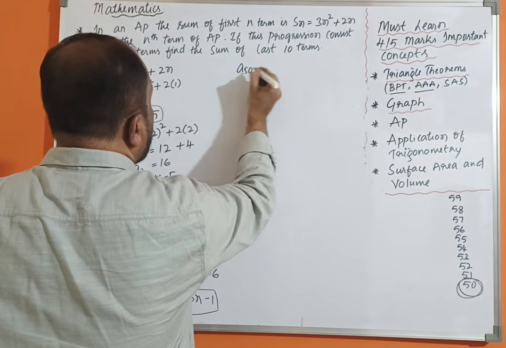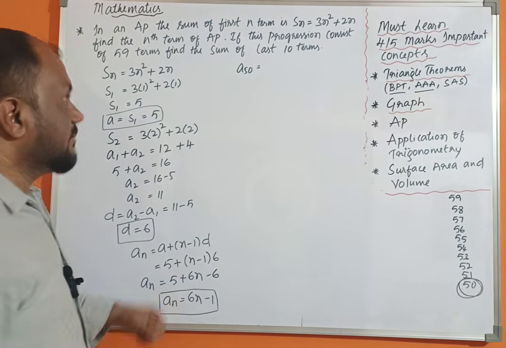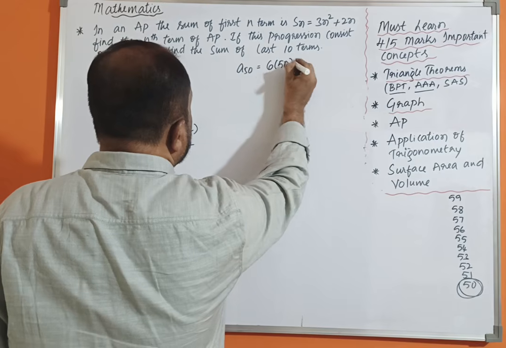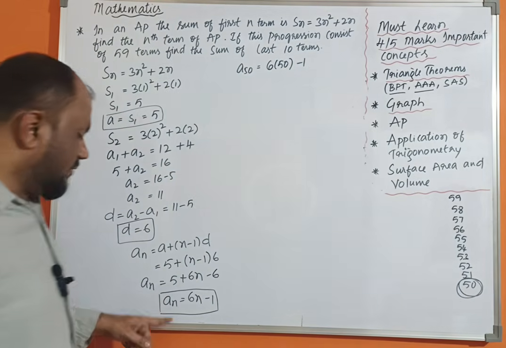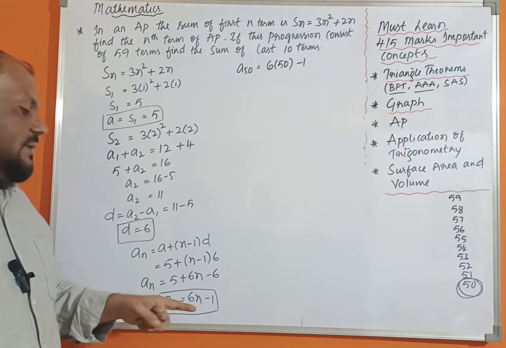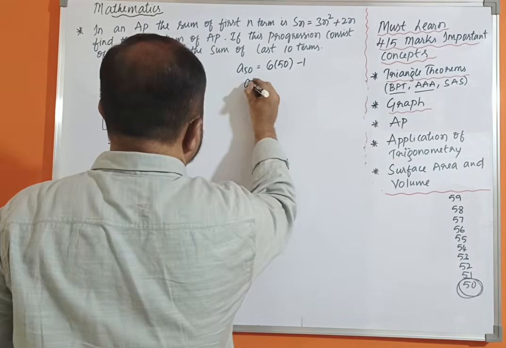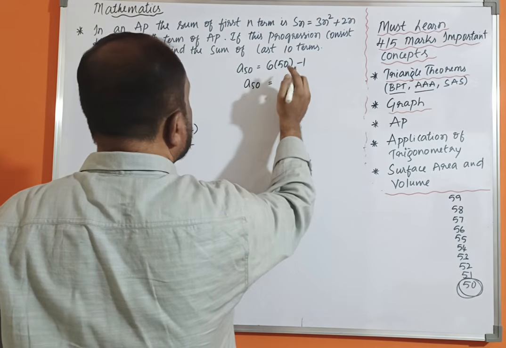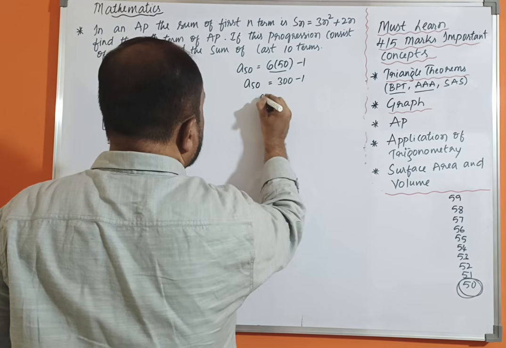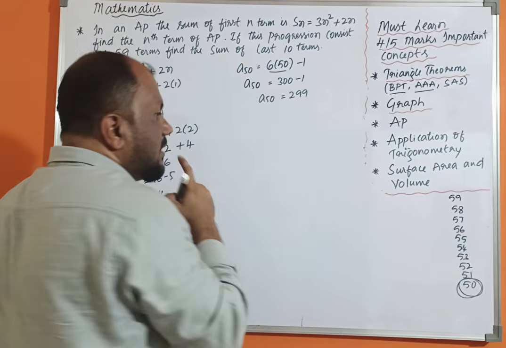A50 is equal to 6n minus 1, because we know the formula for the nth term. An is equal to 6n minus 1. Directly I am applying n value 50 and getting A50. So A50 is equal to 300 minus 1, A50 is equal to 299.